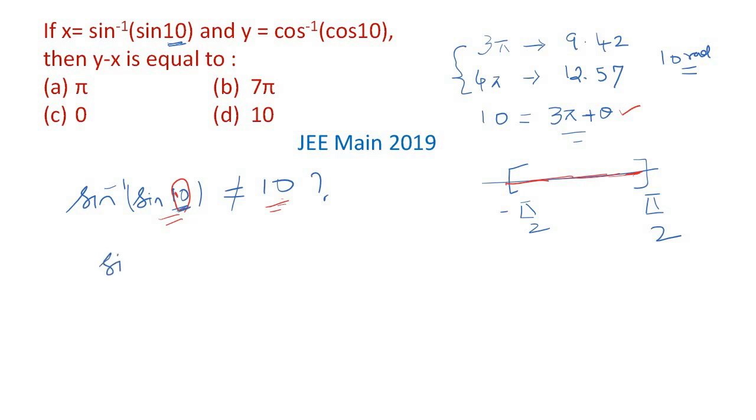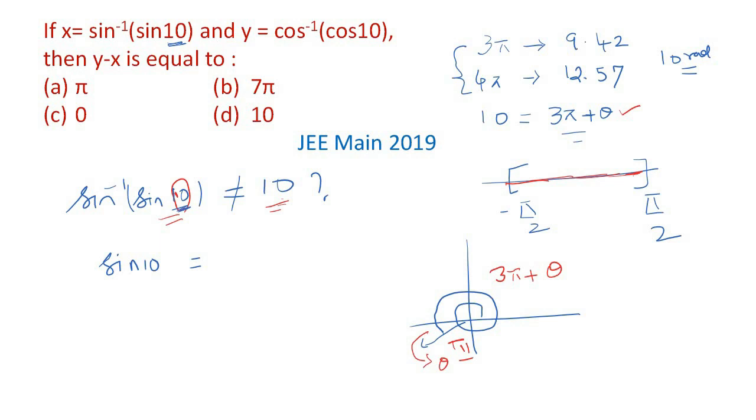First we want sine 10 radian. First we'll find out in what quadrant 10 radian comes. So let's say like this. This is pi, 2 pi, 3 pi plus something extra. I just draw a rough diagram. This is 3 pi plus theta, and this is theta, but it is in the third quadrant.